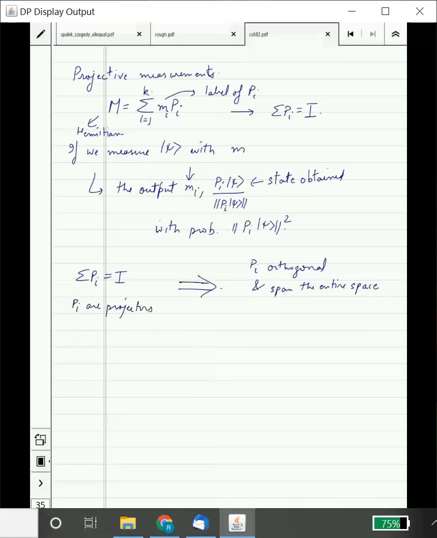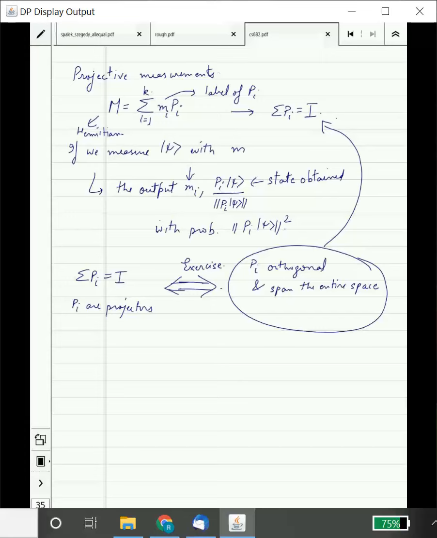And this is actually both ways. You can take this as an exercise. Since these are equivalent, we capture this statement by this, and then we say that a measurement is defined by a Hermitian operator M, which is summation i equal to 1 to k of mi Pi.